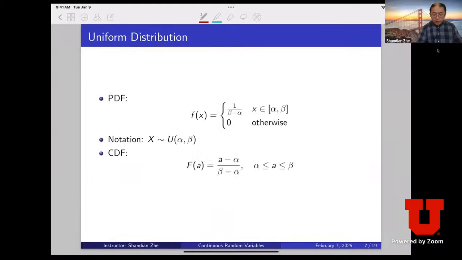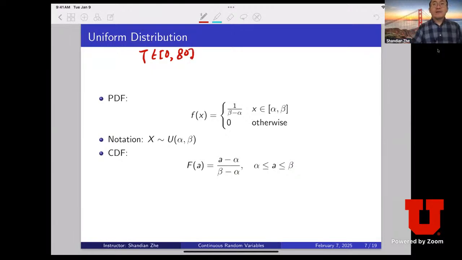The first one is called the uniform distribution. What is the uniform distribution? It's the extension of equal chance outcomes to a continuous sample space. Going back to our example, the random variable T records the time elapsed since the start of class of the last person's arrival. We know its range is between 0 and 80.